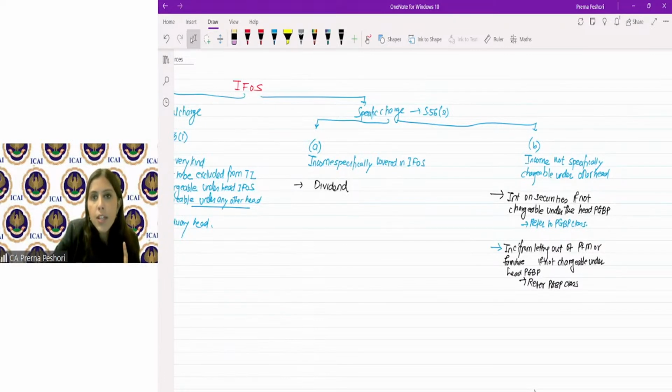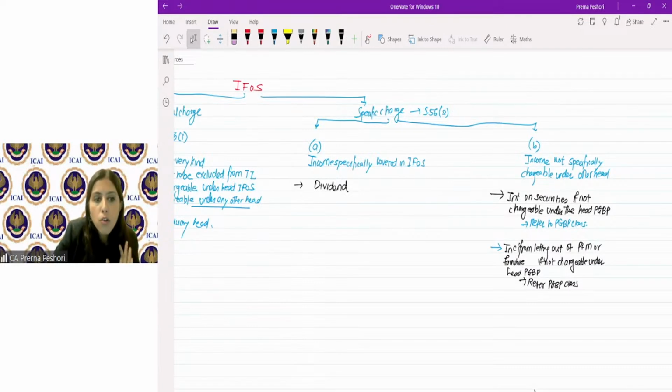So understand one thing very, very clearly. There are these kind of winnings from race horses, winnings from games. Now these incomes which are there, these are specifically chargeable under the head income from other sources, and this is taxed at a special rate of 30%.